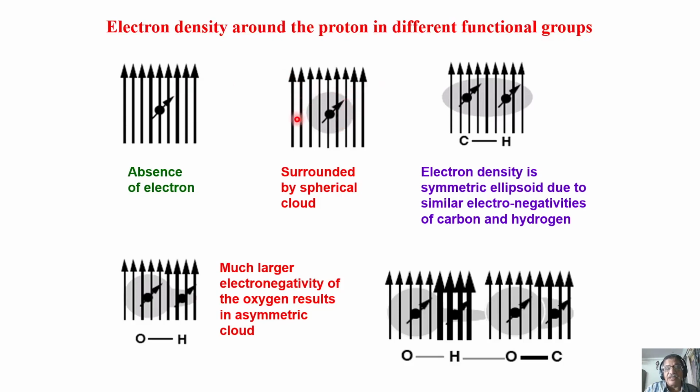I have taken a nucleus. If you look carefully, there is a gray circle here, which depicts the charge distribution. This is also spherical. I'm taking the example of a nucleus where the charge distribution of electrons surrounding it is also spherical, a spherical cloud of electrons. There also you will see it is uniform.